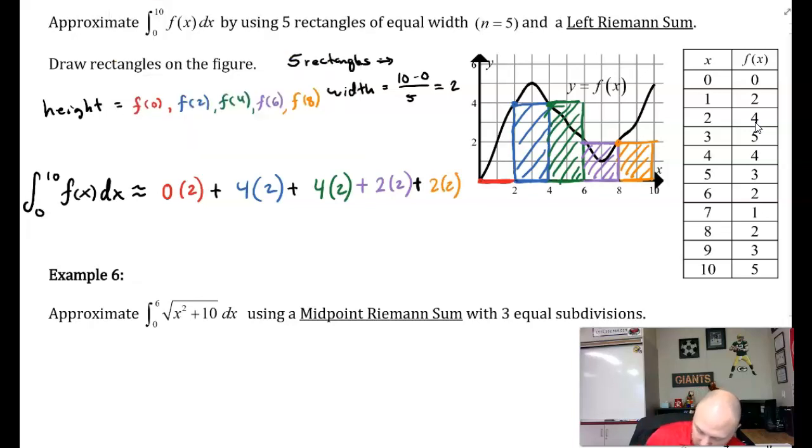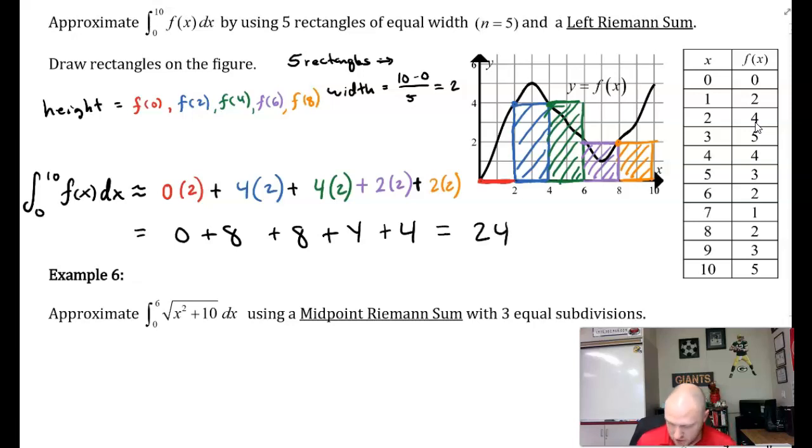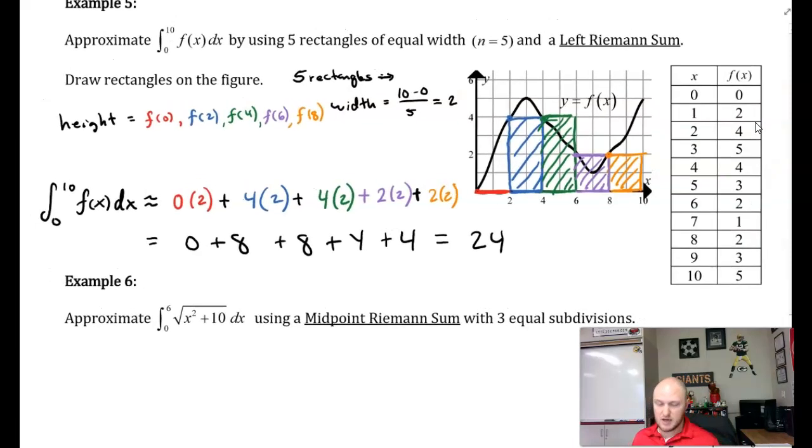So I can calculate this: 0 plus 8 plus 8 plus 4 plus 4. That looks like 24. That is the approximate area of the left Riemann sum.